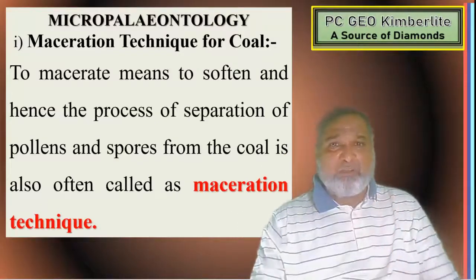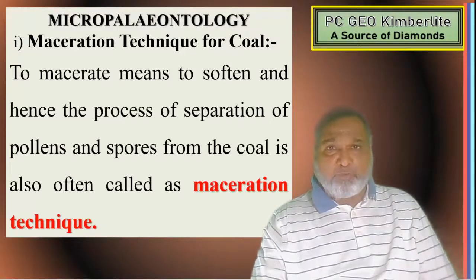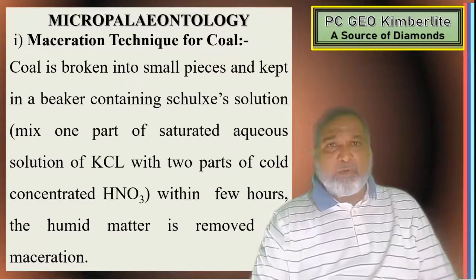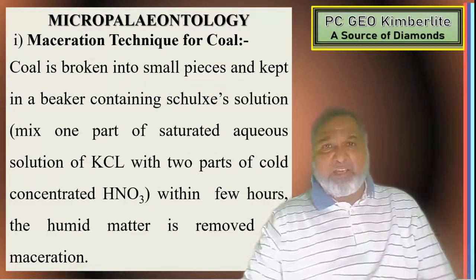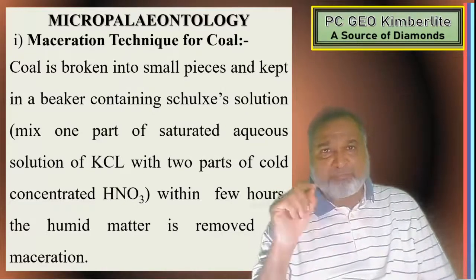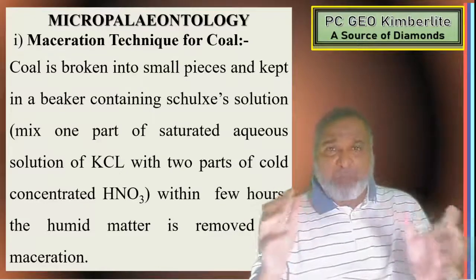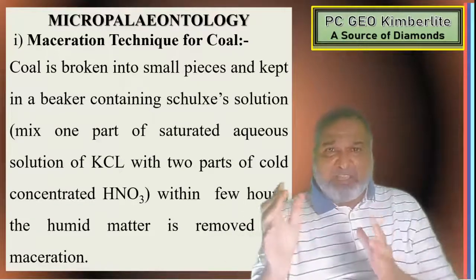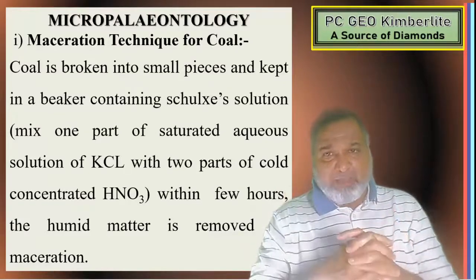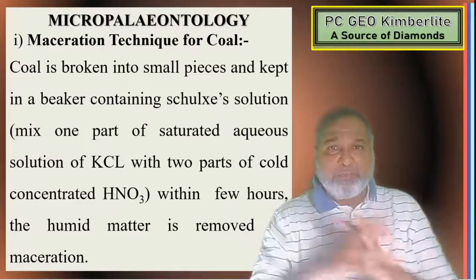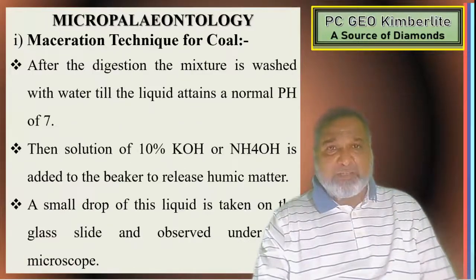The coal is broken into small pieces and kept in a beaker containing Schulze's solution. What is that solution? Mix 1 part of saturated aqueous KCl with 2 parts of cold concentrated HNO3 for a few hours, and the humic matter is removed by the maceration.